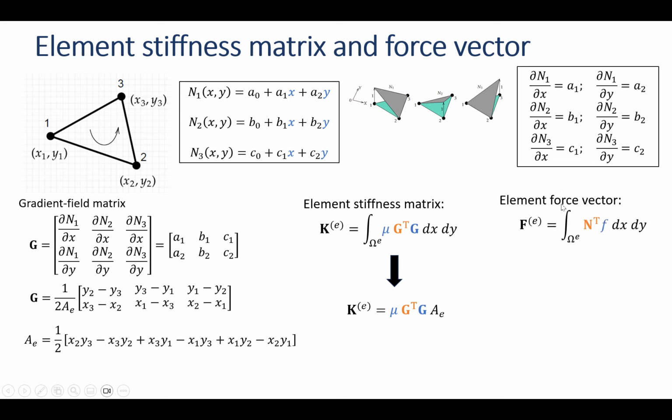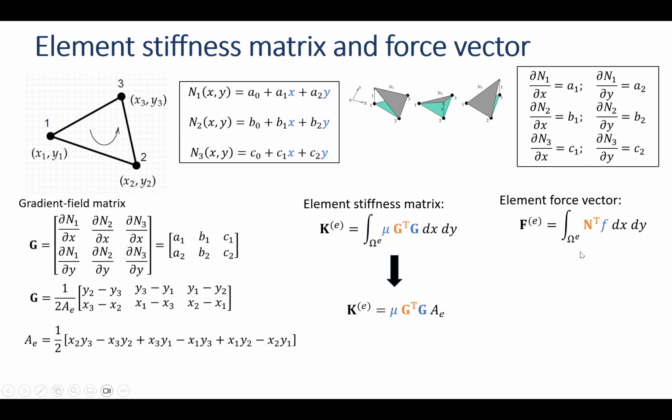Similarly, we can calculate the element force vector. So for calculating the element force vector, we need the transpose of the matrix of basis functions n1, n2, n3. Okay. And here n1, n2, n3 are dependent on x and y. So the evaluation of this integral is a little bit more difficult.